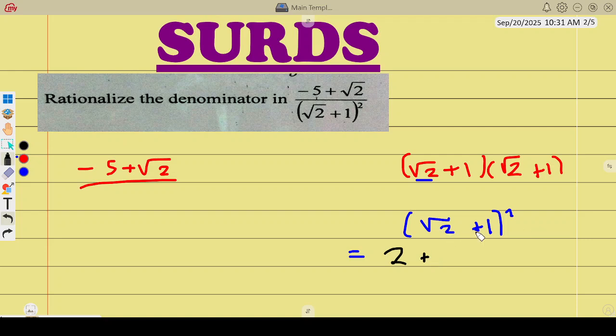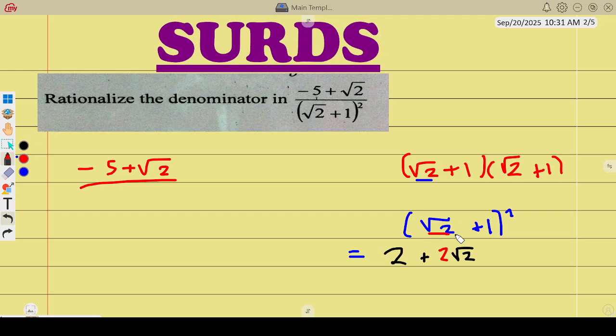Plus, you multiply these, the two of them. What is root 2 times 1? It is just root 2. And then since we've multiplied two numbers, you multiply by 2. Yeah, so please, I hope you've watched the video for math mega tips. Yeah, we explained this.